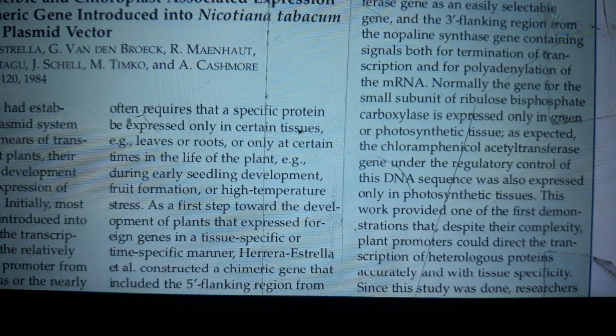Normally, the gene for the small subunit of ribulose bisphosphate carboxylase is expressed only in green or photosynthetic tissue. As expected, the chloramphenicol acetyltransferase gene under the regulatory control of this DNA sequence was also expressed only in photosynthetic tissues.